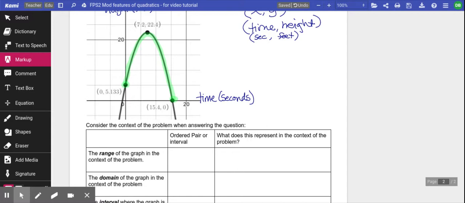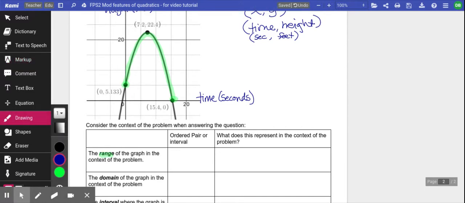So if you remember, the range refers to the possible y values. So if you look at my graph and what I highlighted in green, which y values are being used in our graph?